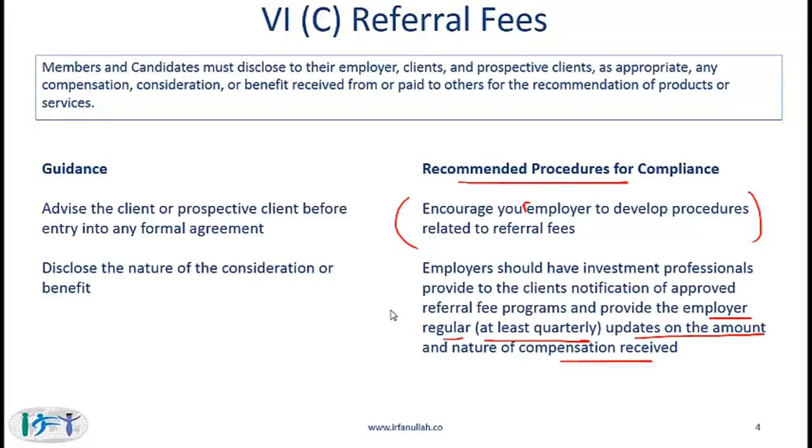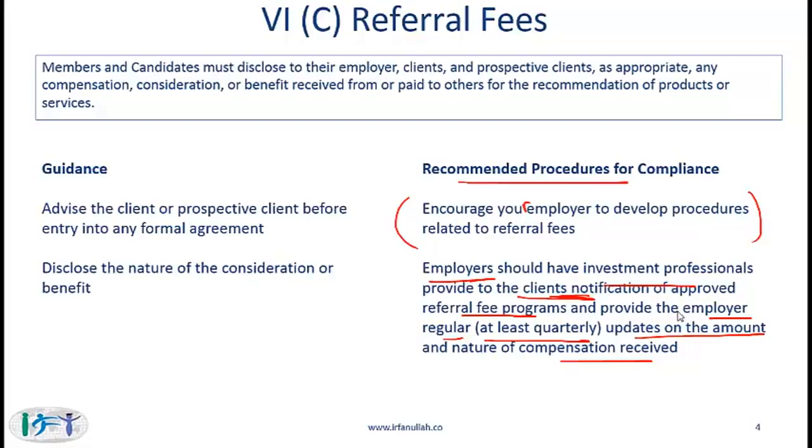So there are multiple things happening here. One is we are saying that the employer should insist that the people in the company, the various investment professionals, should keep the clients informed about any referral fees. This way, the clients can act based on complete information.